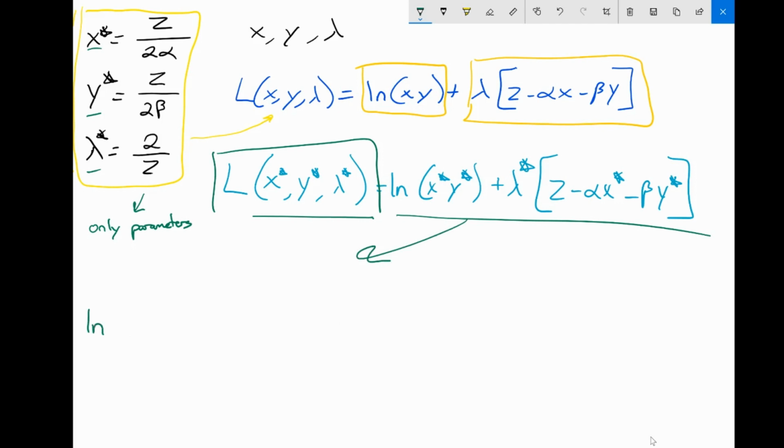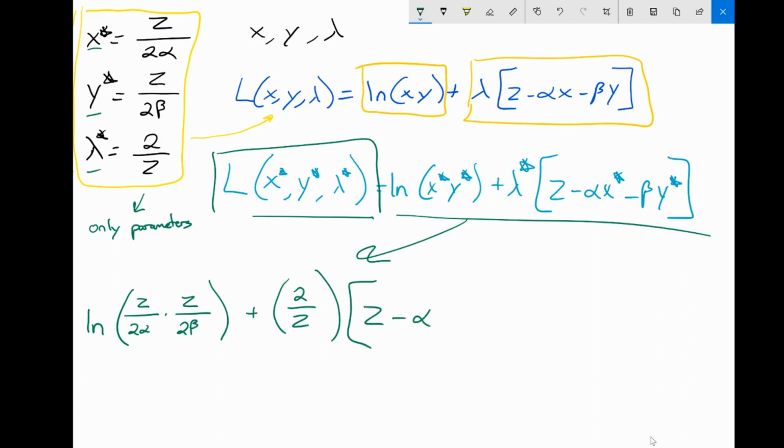So we get natural log of (z over 2 alpha times z over 2 beta) plus lambda star, which is 2 divided by z, multiplied by the constraint, z minus alpha times z over 2 alpha minus beta times z over 2 beta.